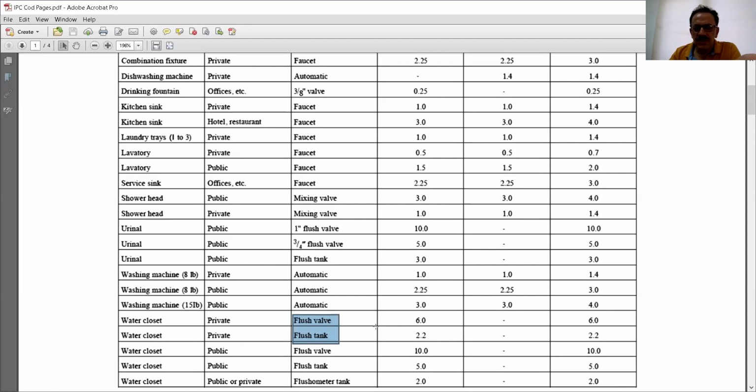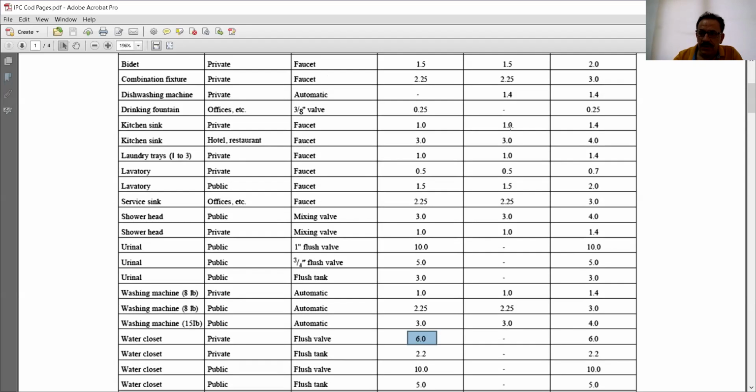When you are using this water closet, you have to check whether it's flush valve or flush tank. If it's flush valve, it just works automatically, you push a button, and the system of this building is a flush valve system. So you need to know that this water closet will use 6 fixture units.